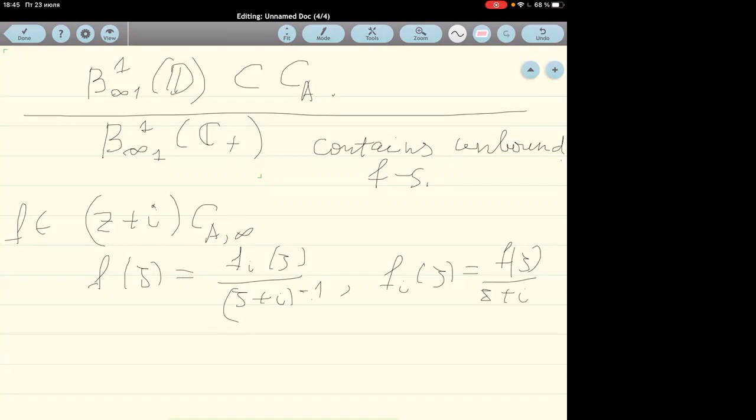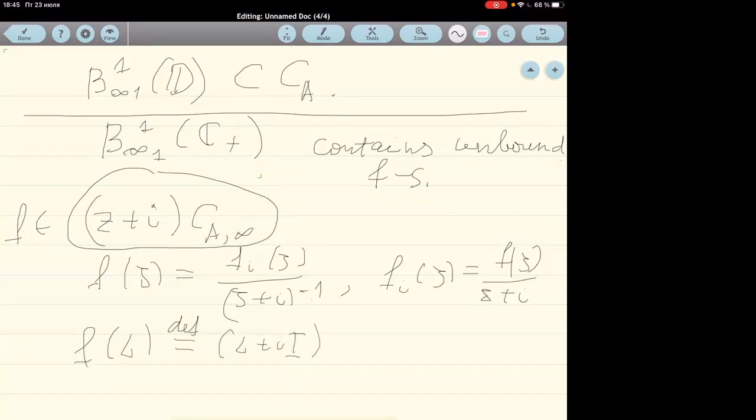And then we can define the operator f of L for functions in this class, which contains unbounded functions. f of L is by definition L plus i times f_i of L. Let me observe that f_i is a bounded function and it belongs to C_A infinity.